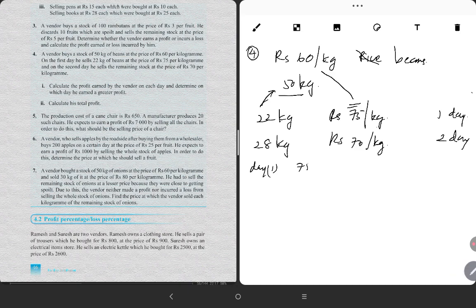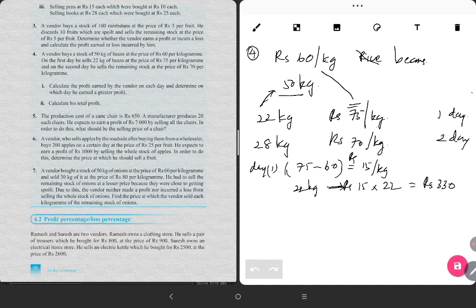Per kilogram he makes 75 minus 60, which is 15 rupees per kilogram. He is making a profit, and he's selling 22 kilograms overall, so 15 times 22. 20 times 15 is 300, and then another 2 times 15, which is 30, so 330 rupees of profit on the very first day.